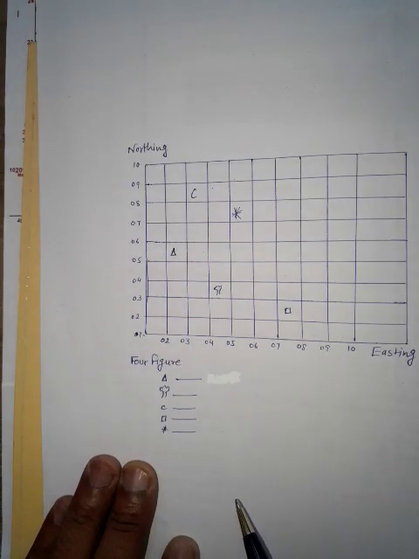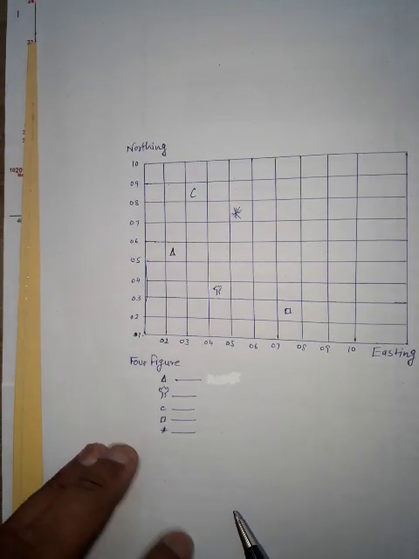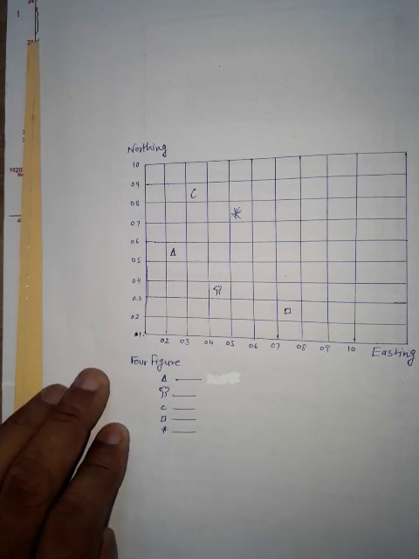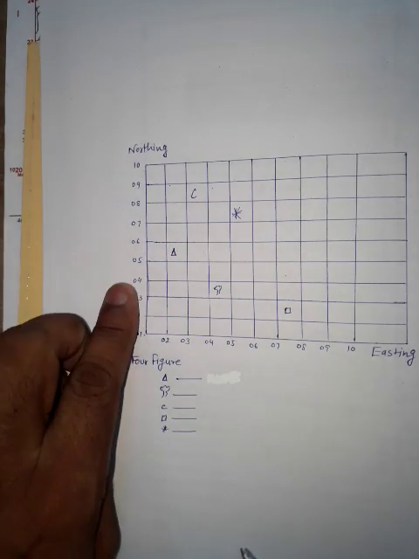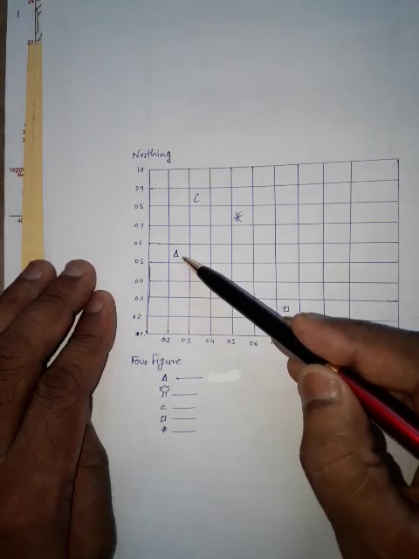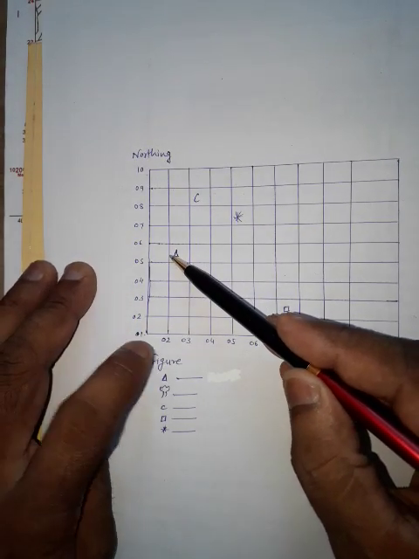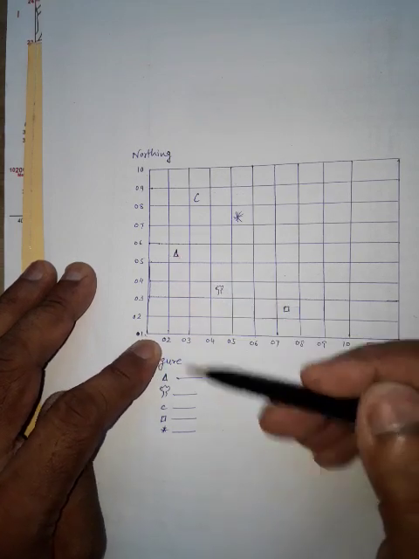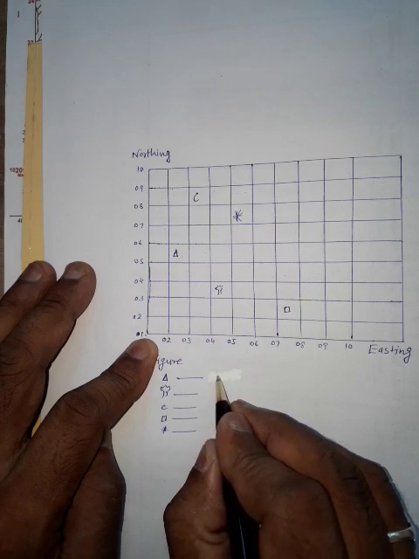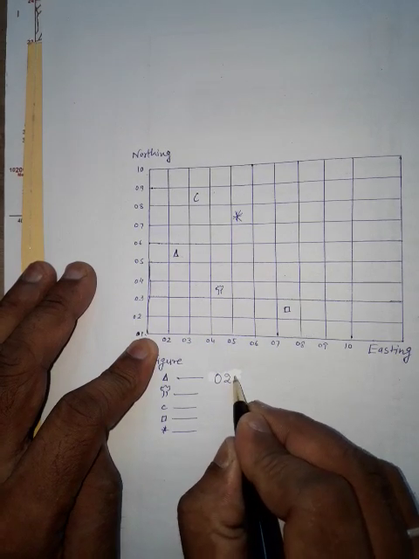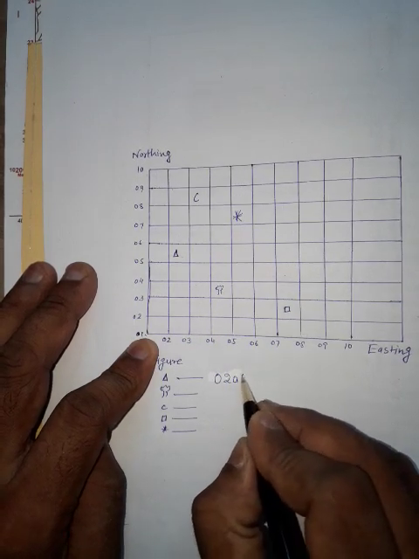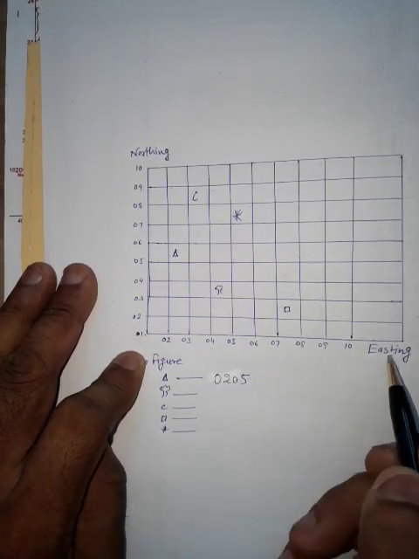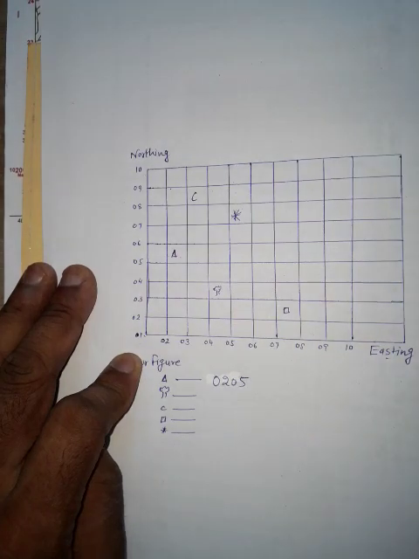We will find out the 4-figure grid reference of this triangle. For it we will select the line which is left and the line which is below. Like this is the triangle, line which is left is 02 and line which is down is 05. Now the 4-figure grid reference of this triangle will be 0205. Always keep in mind that easting will come first, northing will come later.